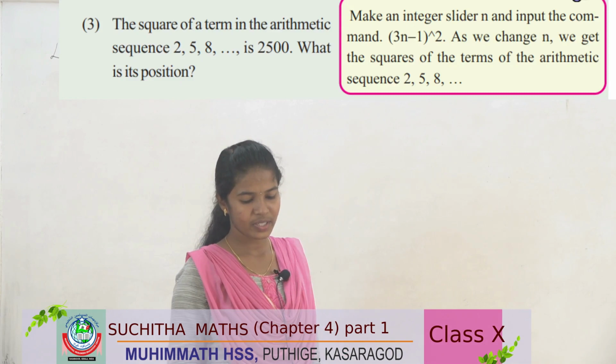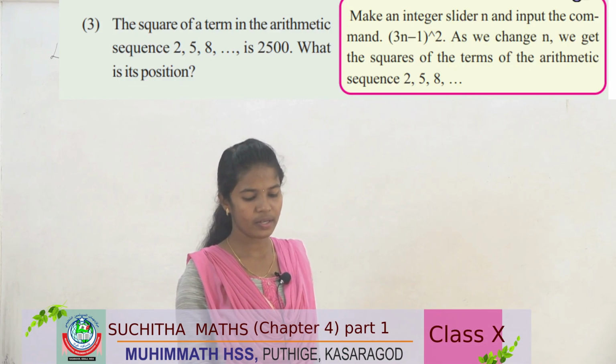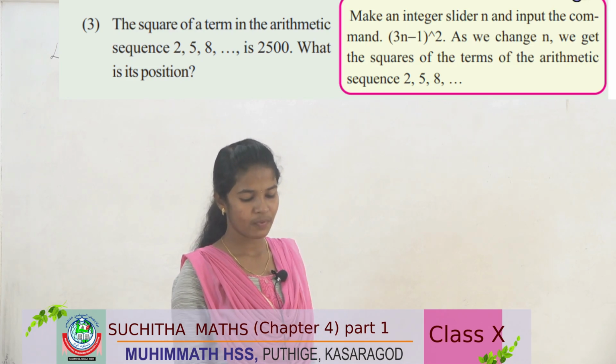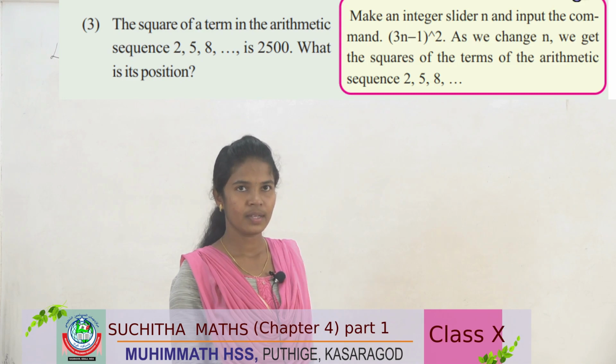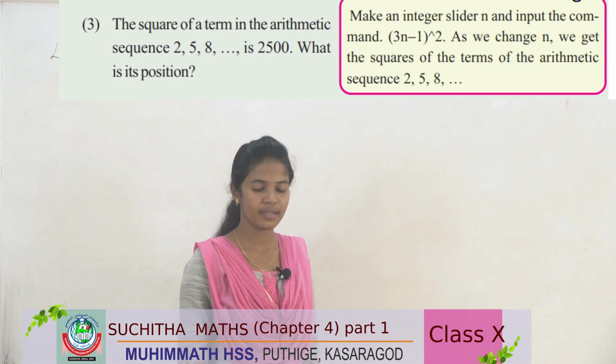Okay, next, third question. The square of a term in the arithmetic sequence 2, 5, 8, etc. is 2500. What is its position? This question is related to the first chapter, arithmetic sequence.